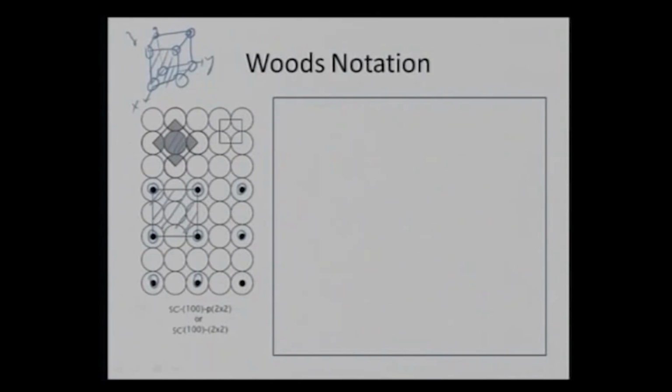But for defining the orientation of the adsorbate, we have to take a bigger unit cell, and from that we can see that it is defined by a simple cubic. It is a simple cubic structure with a 100 surface, and is a primitive lattice which is 2 by 2 of the original lattice length.